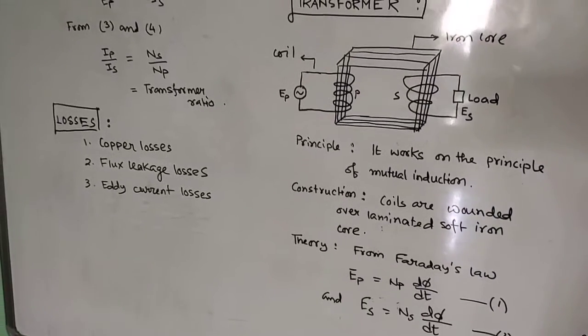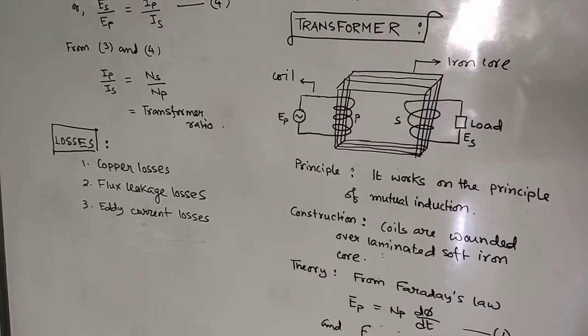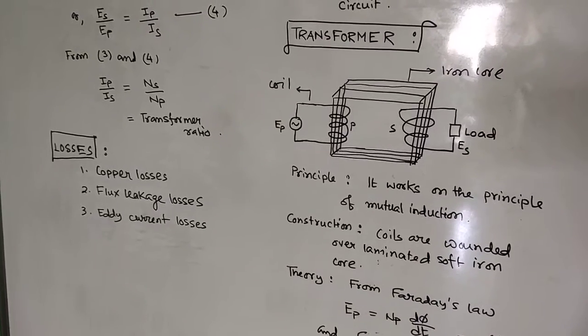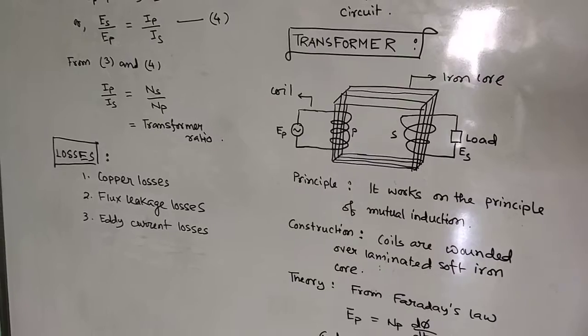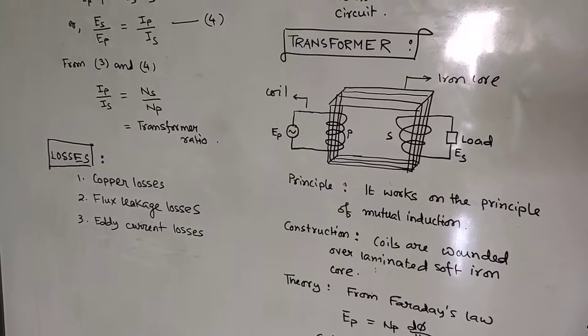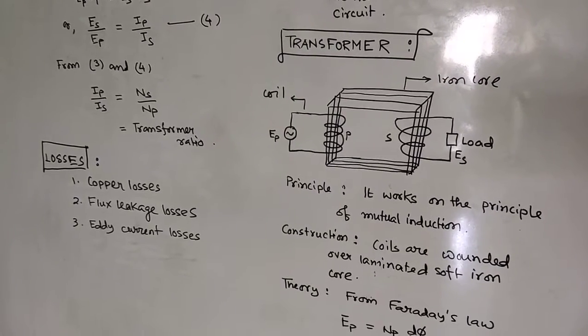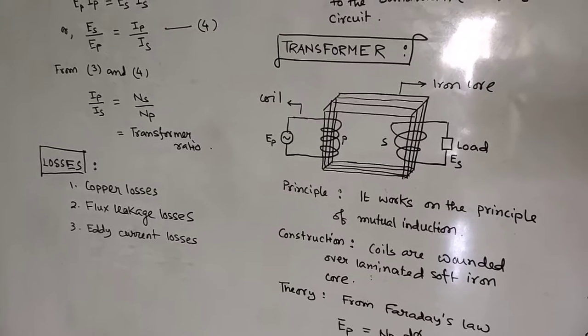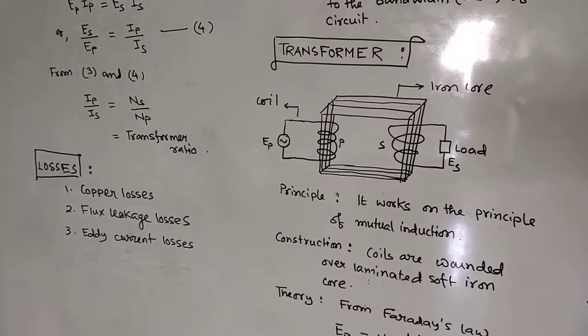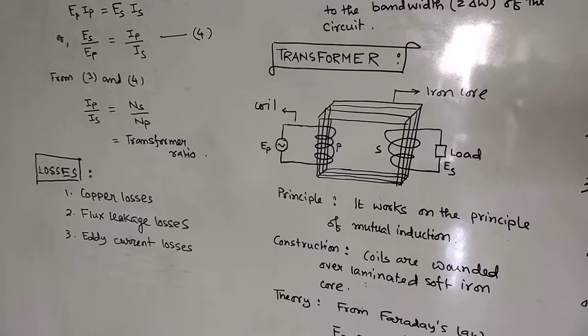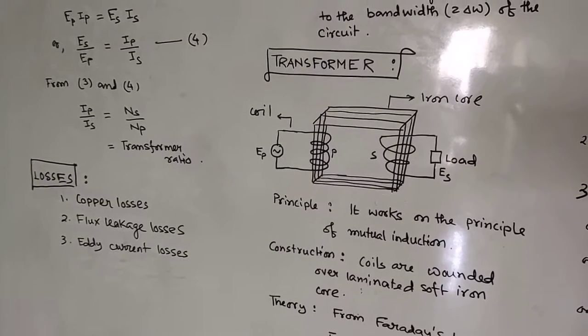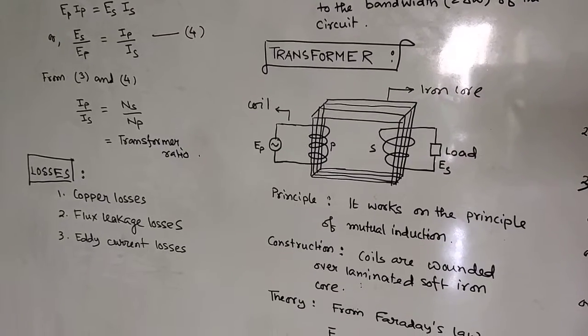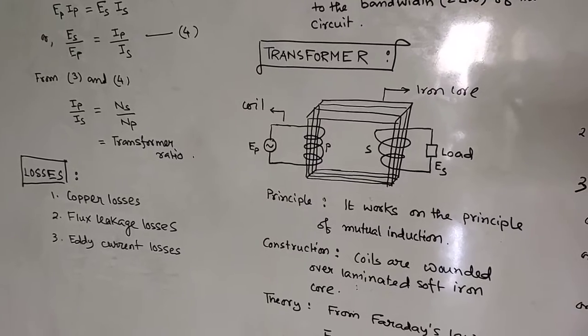And the next one is your eddy current loss. Basically what happens: this is your iron core. So when current flows through the iron core, some eddy current is produced. Eddy current, already I have discussed, is a circulating current, and as a result some amount of heat is produced in the core.